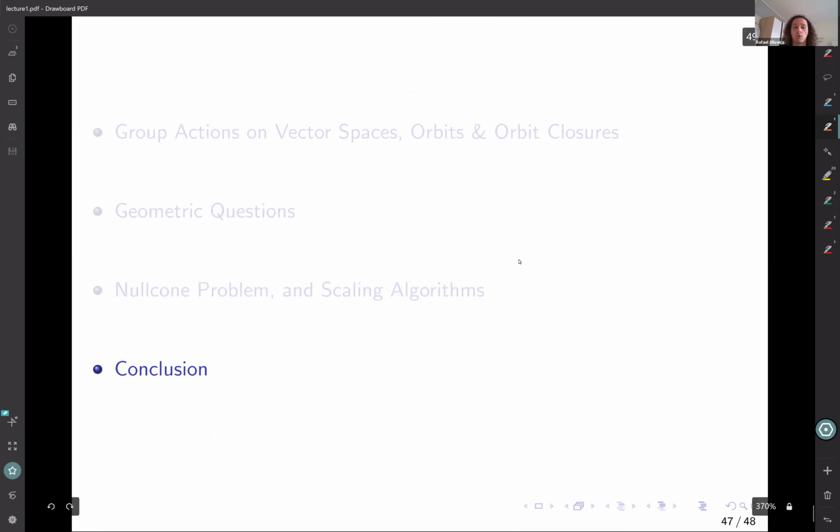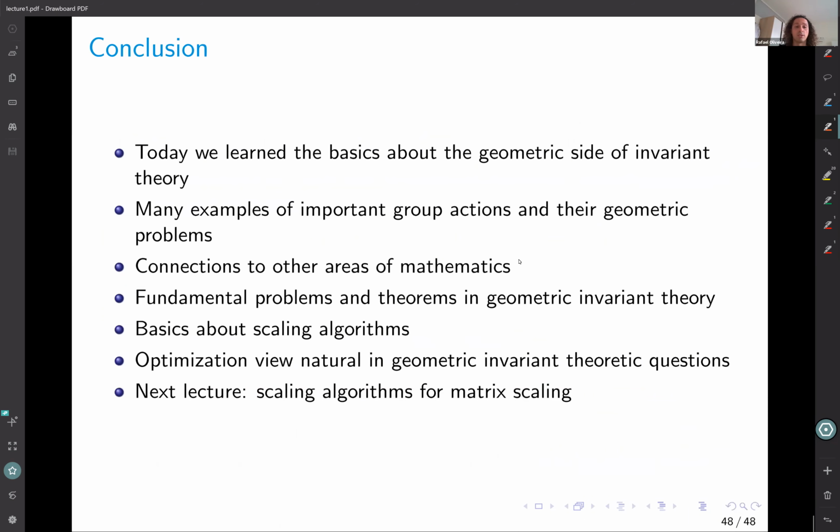Okay, so to conclude, what did we see today? Today we learned the basics about the geometric side of invariant theory, and we saw many examples of important group actions and their geometric problems. We saw how they have connections to many other areas of mathematics.